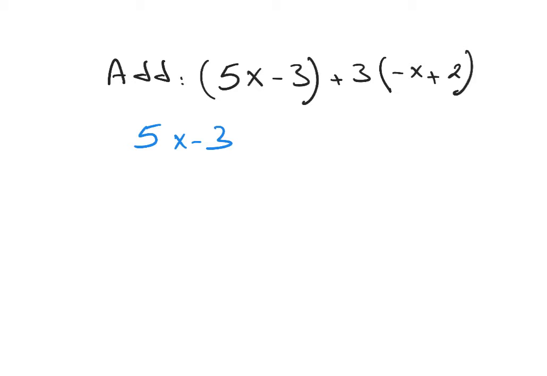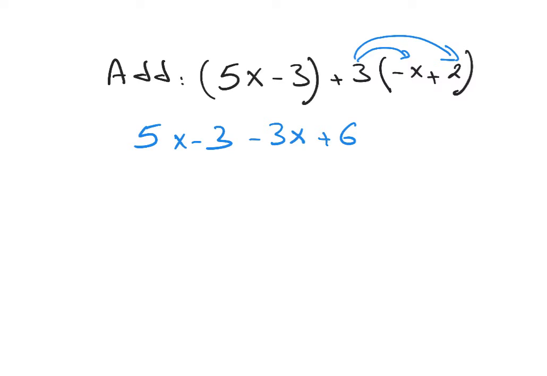We're going to distribute 3, so 3 times negative x and 3 times 2. Distribute means we use multiplication over addition or subtraction. So 3 times negative x will be negative 3x, and 3 times 2 will be 6.